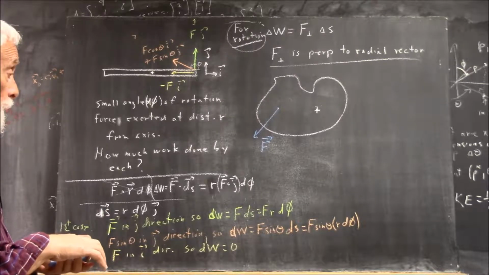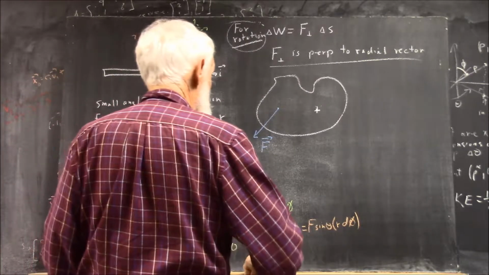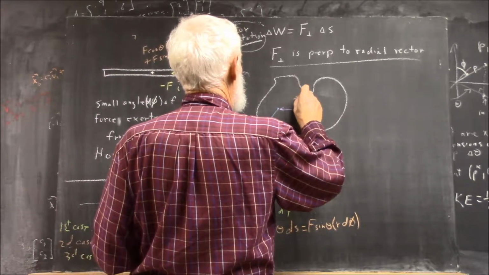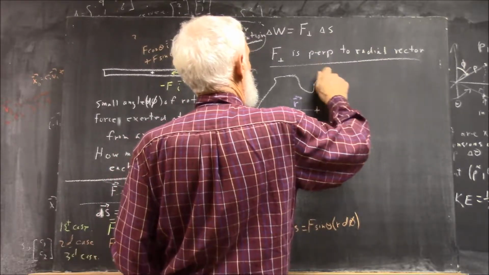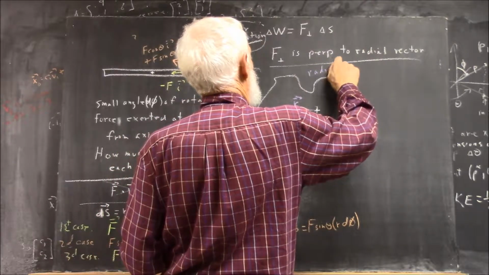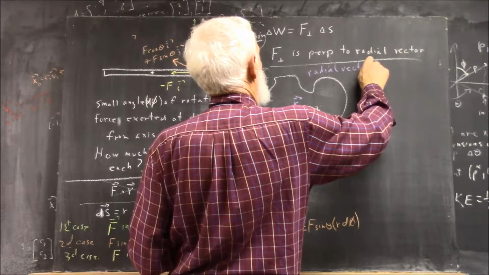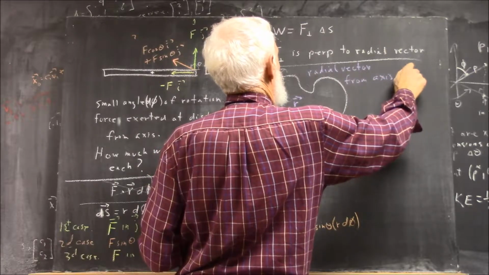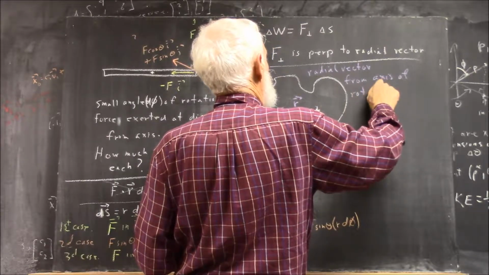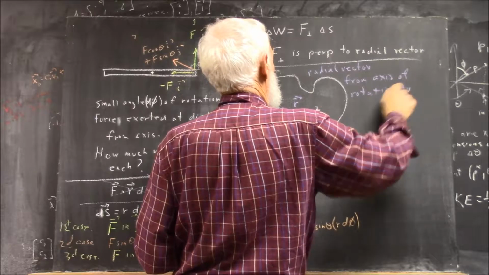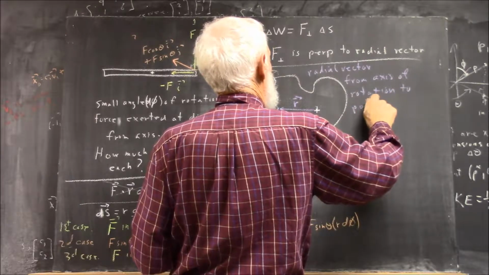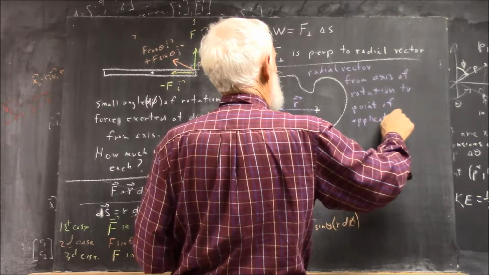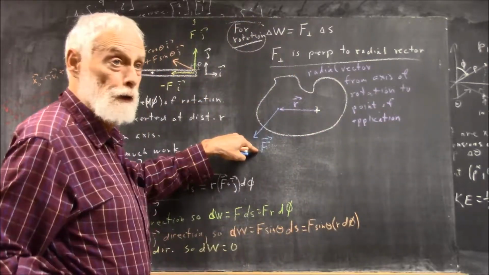Well, we have our radial vector R here. That's our radial vector, from the axis of rotation to the point of application, implicitly the point of application of the force, right?